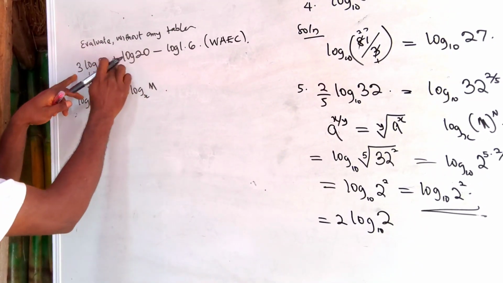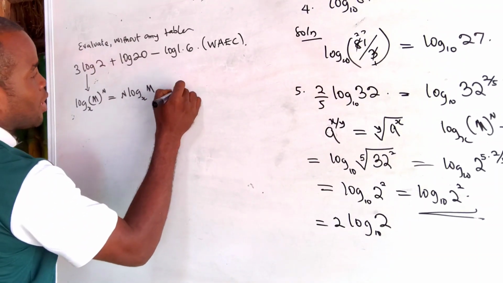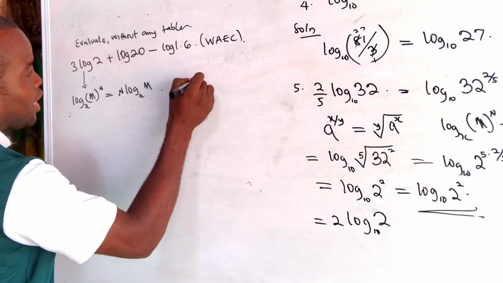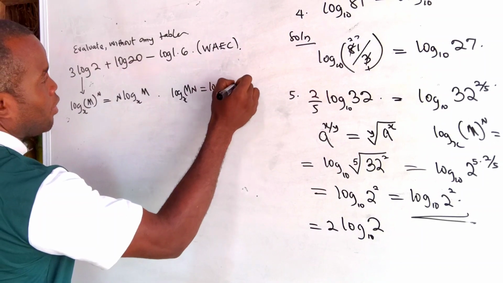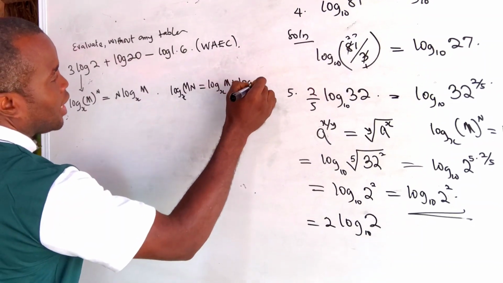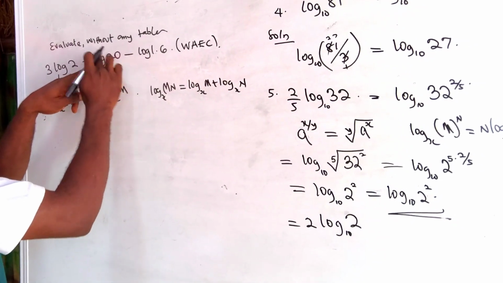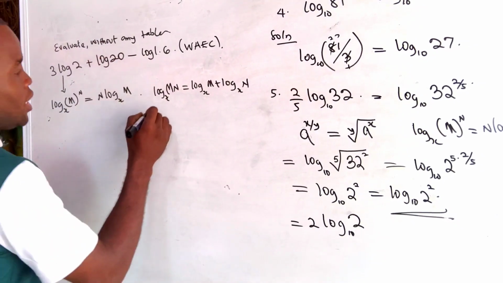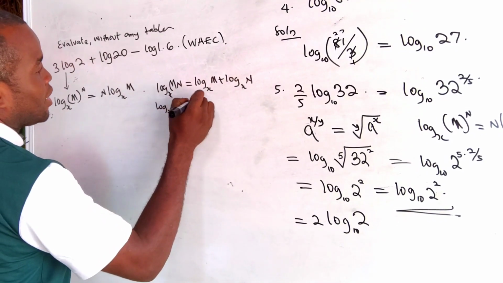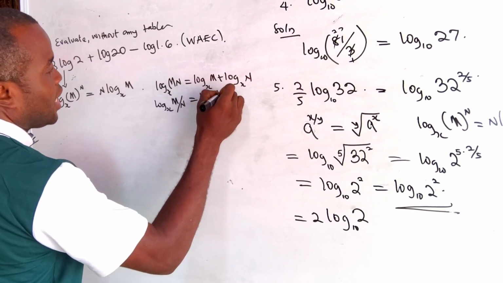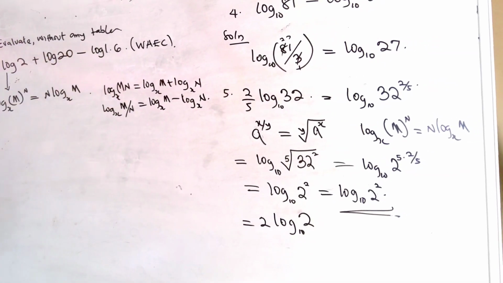Then you have addition, which means the second law: log base x of mn is the same thing as log base x of m plus log base x of n. Also you have a negative here, so it's the same thing as log base x of m divided by n, which is log base x of m minus log base x of n.